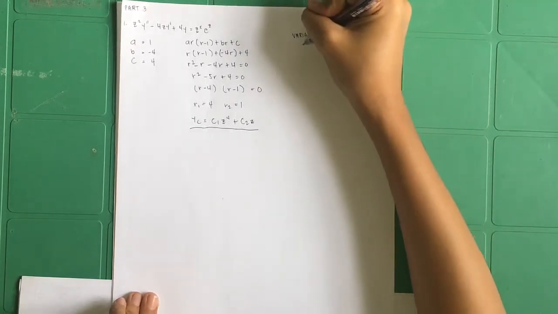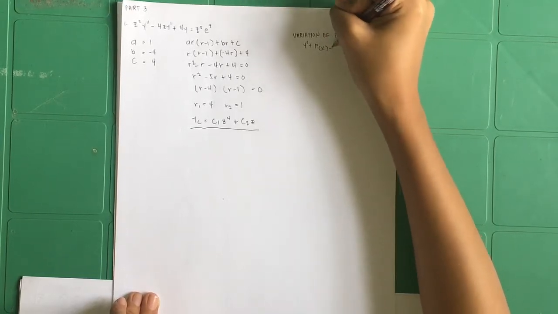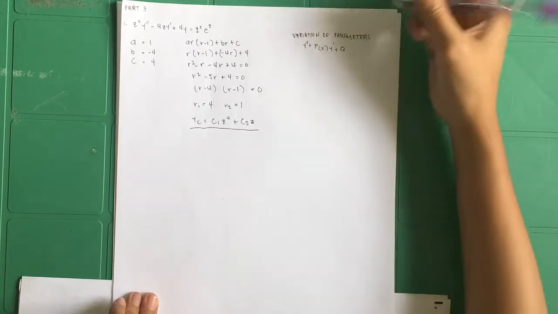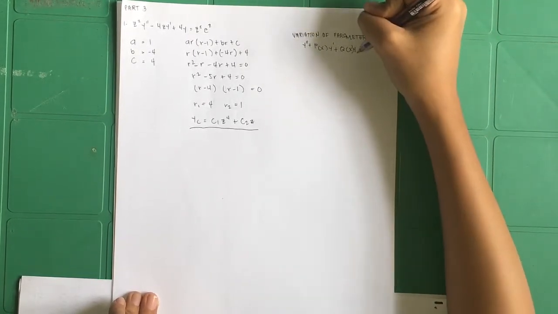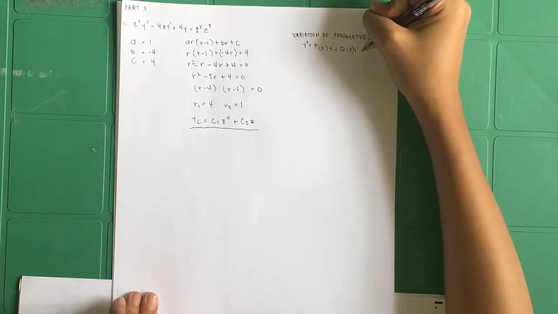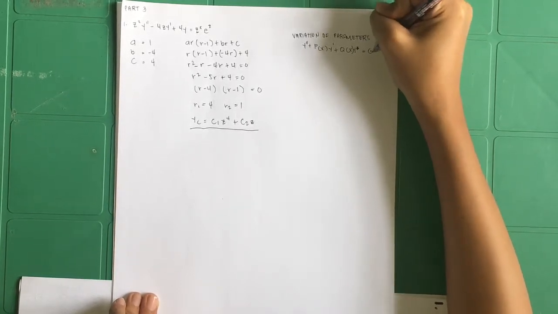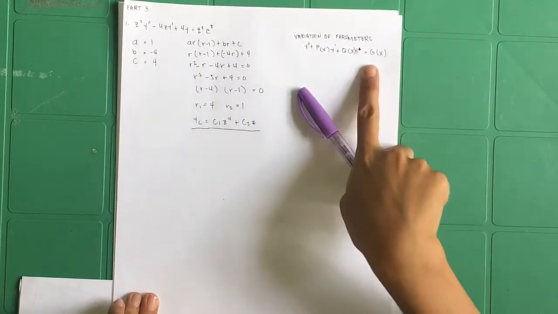Then this is the formula: y double prime plus p of x y prime plus q of x y equals g of x. Then this will be the formula.